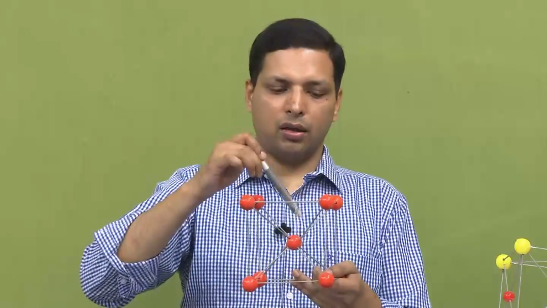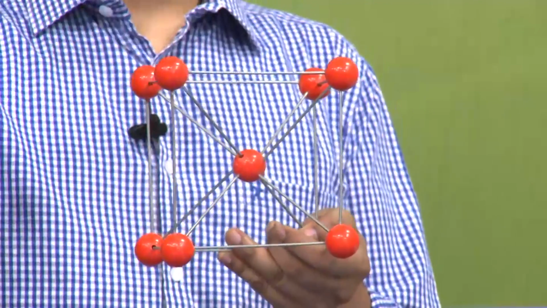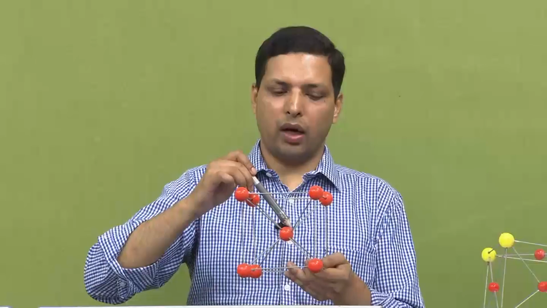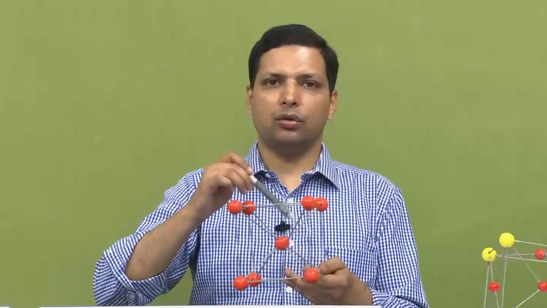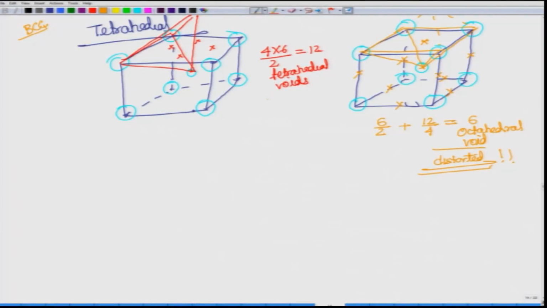Here to here, here to here, here to here, they are the same. But now, what is the length of this one to this one? This is equal to 1 and this one is equal to root 3 by 2. So, this is different. So, the tetrahedral voids are also distorted. So, remember that in BCC both the voids are distorted.